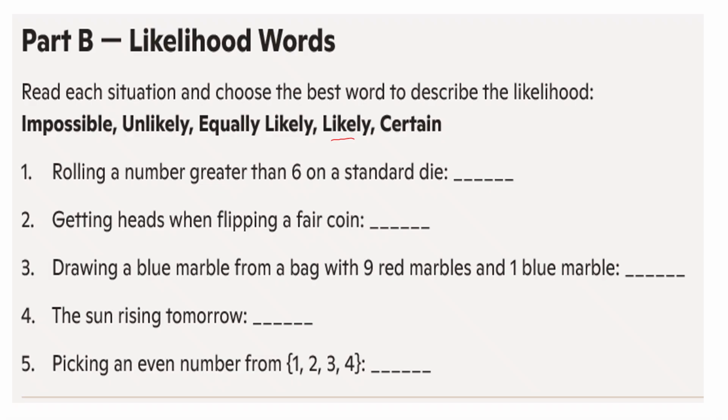Picking a blue marble from a bag with 9 red marbles and 1 blue marble. Unlikely. The sun will rise tomorrow. Certain. Picking an even number from 1, 2, 3, 4. Equally likely, because it's 2 out of 4, or 1/2.